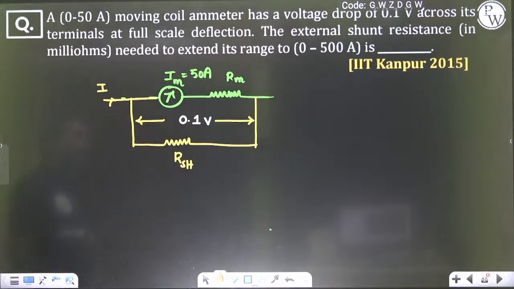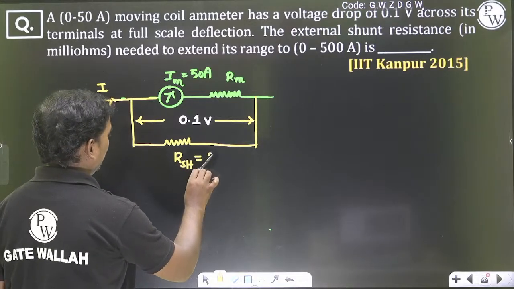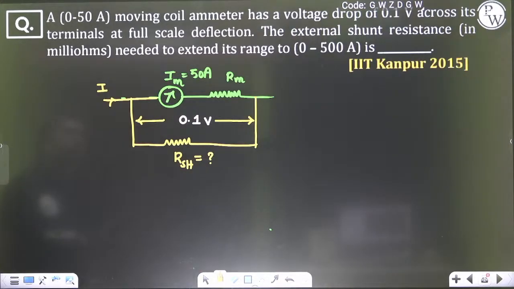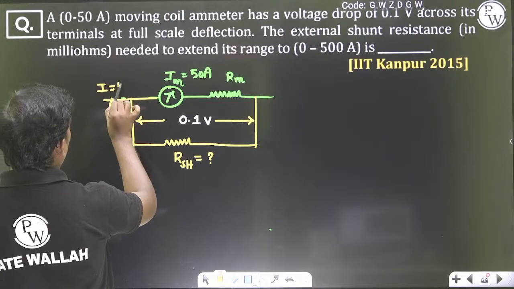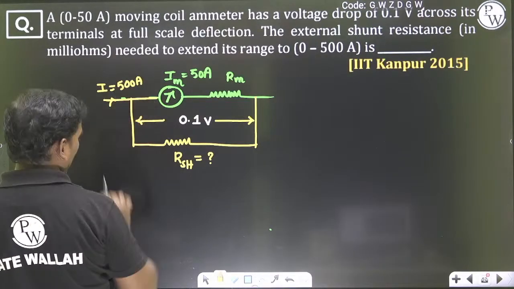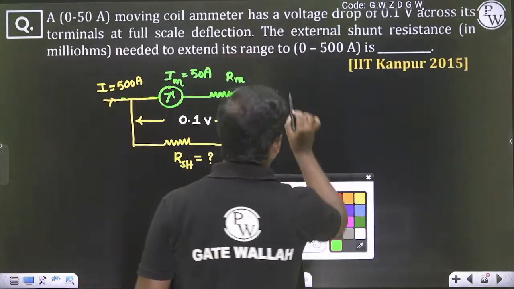The external shunt resistance needed for range extension to 500 amperes. Very good question. So what to do now?